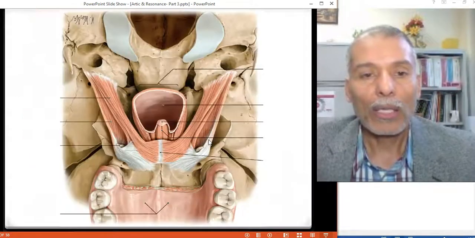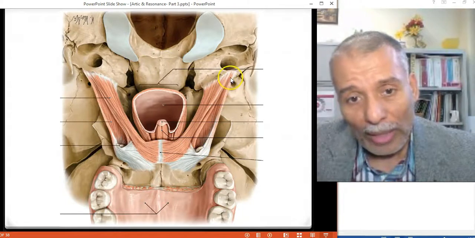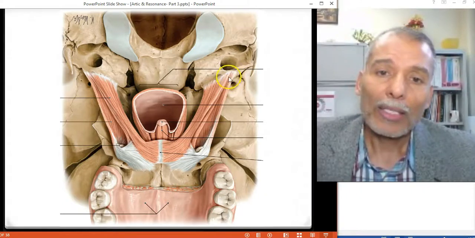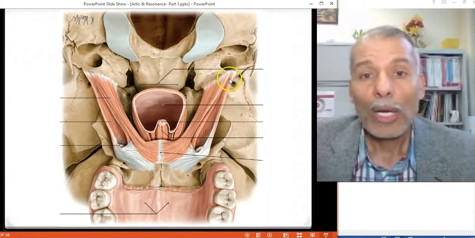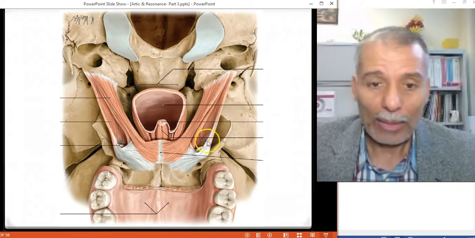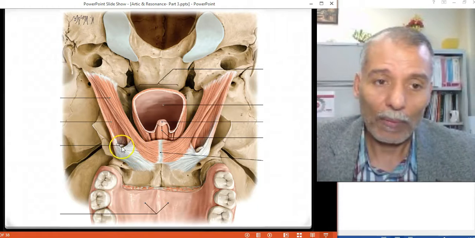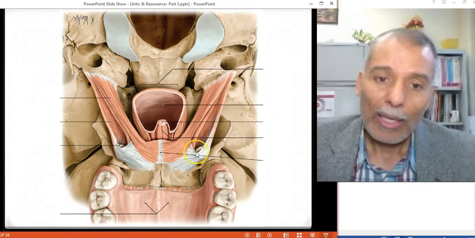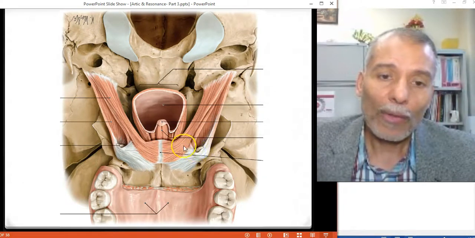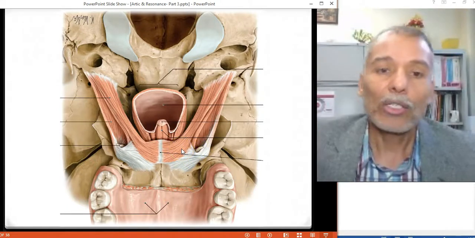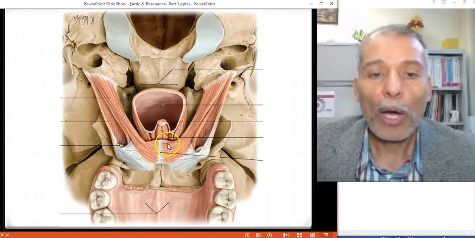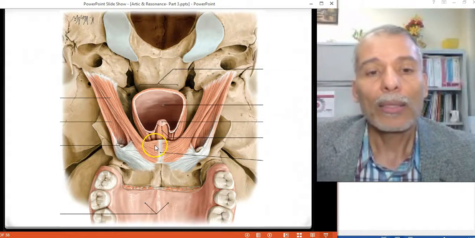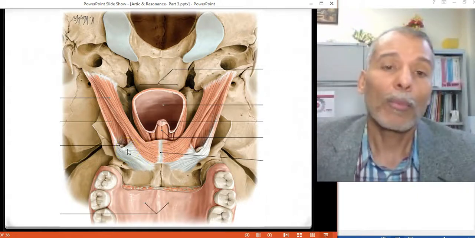Let's go back and see the clearer image here. So the muscle again originates on the sphenoid and the lateral wall of the eustachian tube, and then it courses downward. And when it comes to the hamulus, it's going to go beneath it, and the tendon shows on the other side and fans out and inserts onto the posterior margins of the palatine bone, and then it makes the palatal aponeurosis this way.